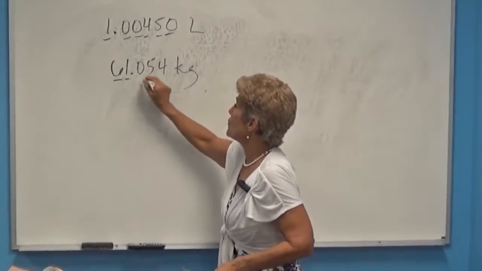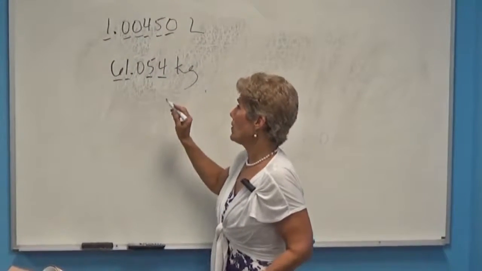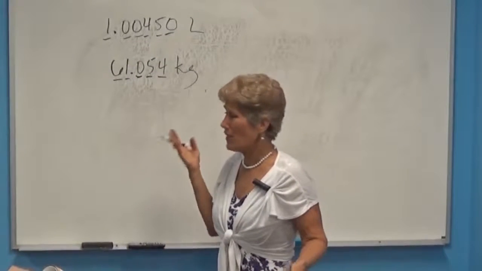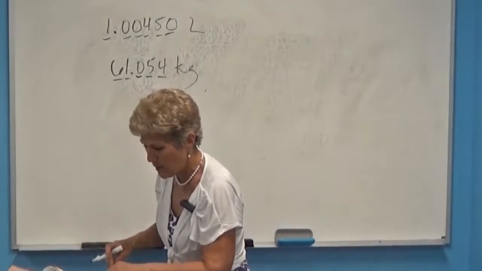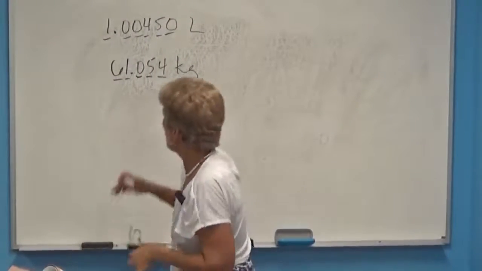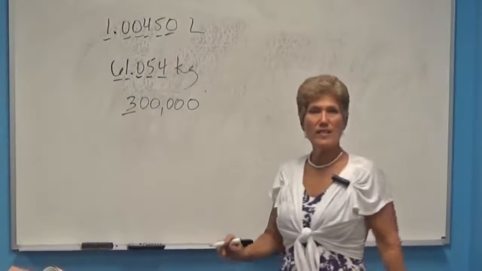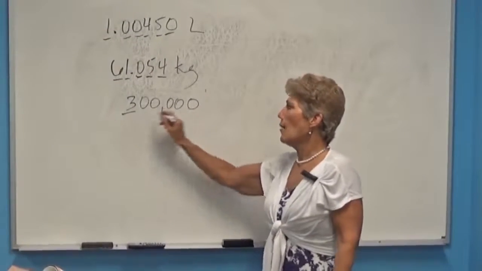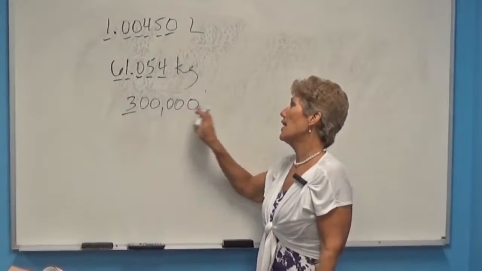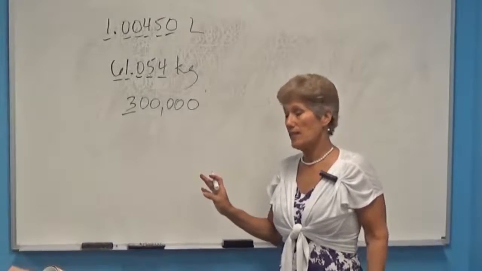Okay. These are significant because they're non-zeros, and this one is between significant figures, so there's 5 there. That was pretty easy. And then this last one, 300,000, that's the only significant figure because these guys are not between significant figures, and they are not to the right of the decimal at the end of the number.